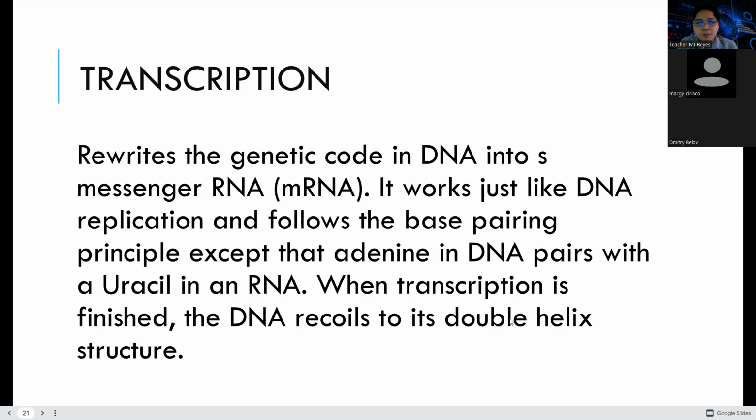When transcription is finished, the DNA recoils to its double helix structure. Again, in the RNA sequence, instead of pairing adenine with thymine, we pair adenine with uracil, or U.